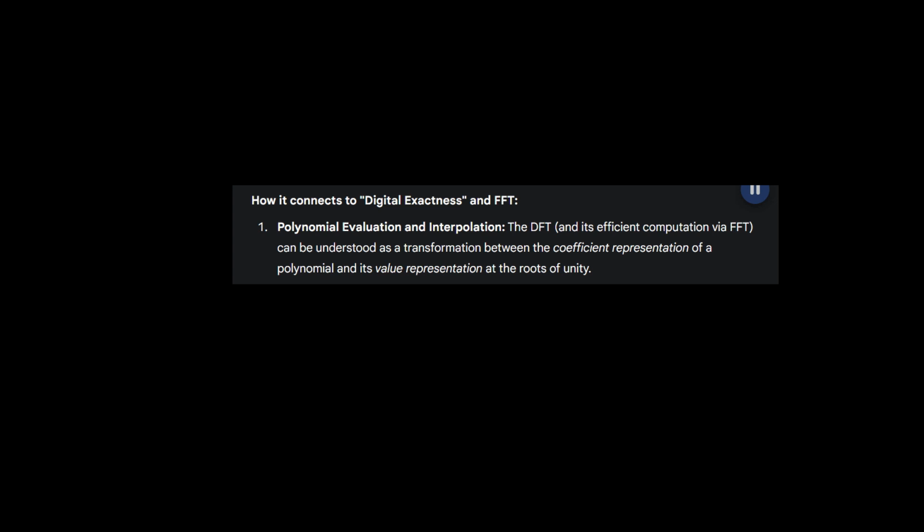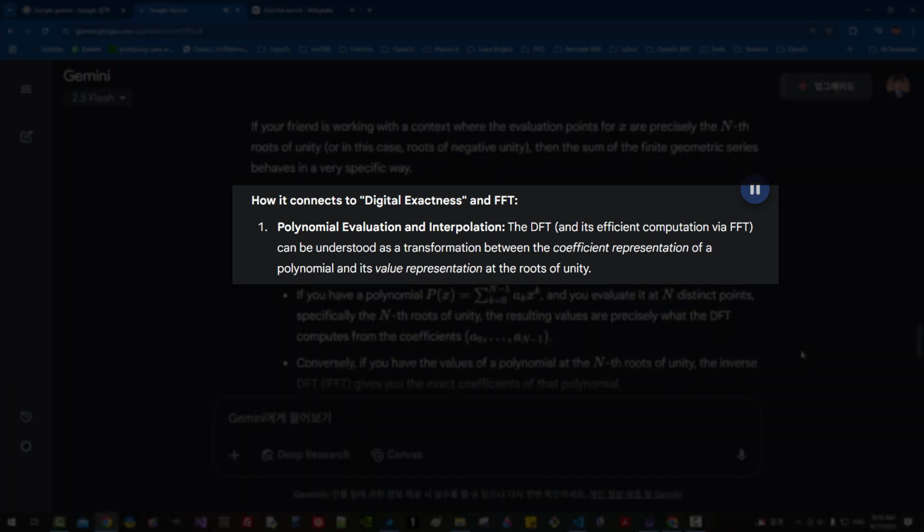How it connects to digital exactness and FFT. One: polynomial evaluation and interpolation. The DFT, and its efficient computation via FFT, can be understood as a transformation between the coefficient representation of a polynomial and its value representation at the roots of unity.